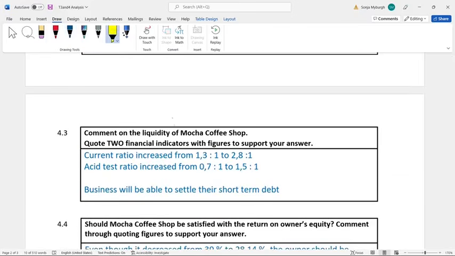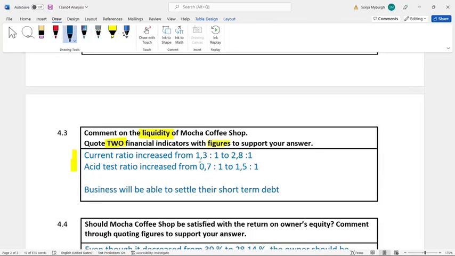4.3, they ask you to comment on the liquidity. On your formula sheet, they will not give you a heading liquidity. You must know which two ratios refer to liquidity. You have to quote two financial indicators with figures.